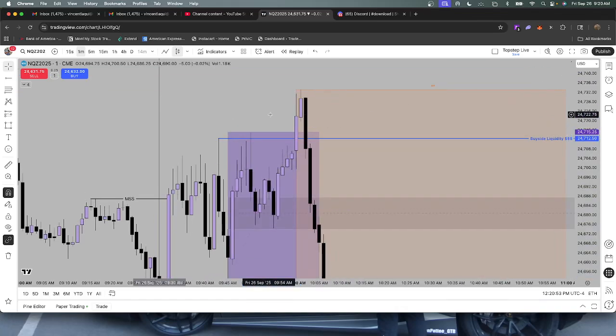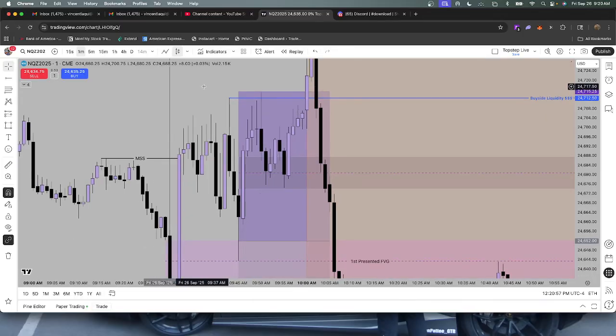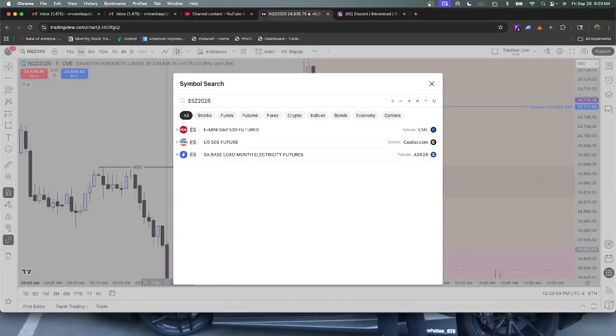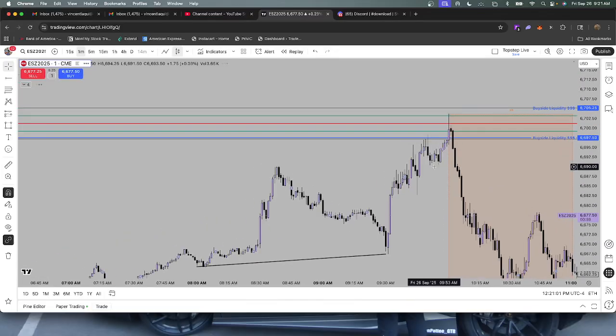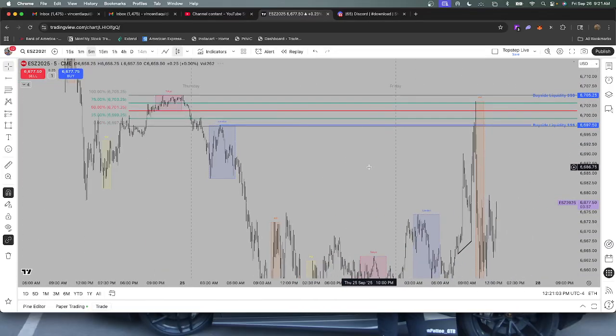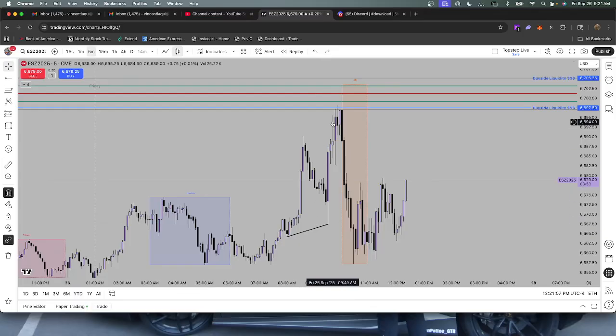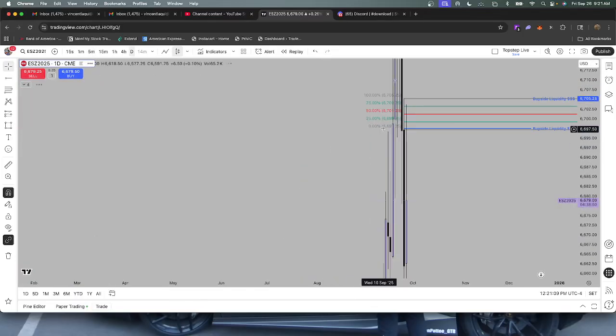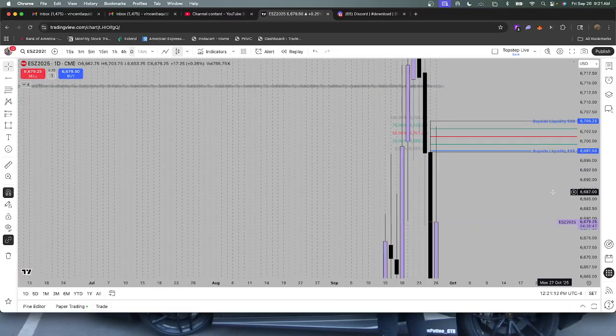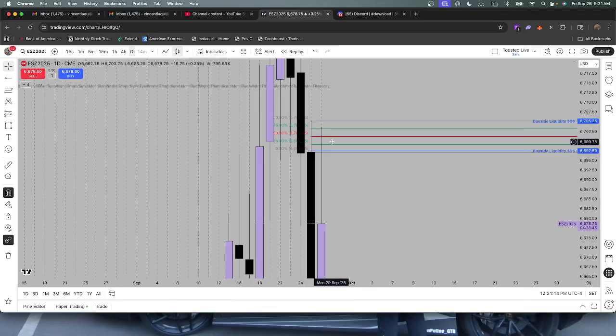I'm gonna drop into my ES chart. Here's the SMT I was talking about. So this is the stronger indice. When I see us taking out previous session highs, we also have this daily wick right here.